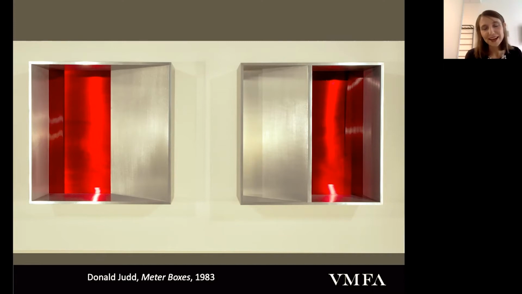And one of the things that I find amusing about minimalism is that while these objects are incredibly pared down and simple, the artists themselves, especially Donald Judd, wrote pages and pages about what these objects were and what this movement was about. So Donald Judd coined the term specific object in 1963, I believe, mid-1960s.